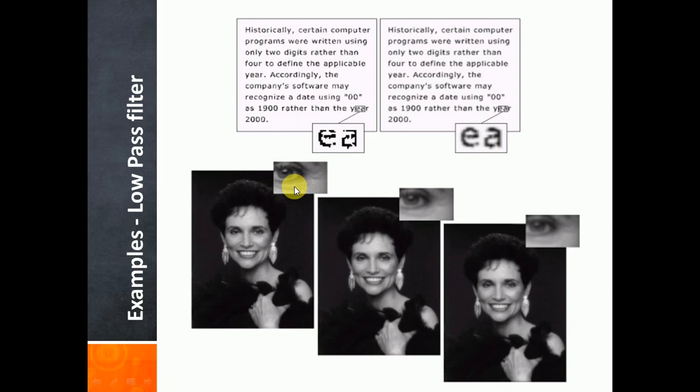Another example of using a low pass filter is that if you have a scan of a page that you took several years ago, and some of these words are broken up, if you pass them through a low pass filter, it smoothens it out and you can read the different characters more smoothly.